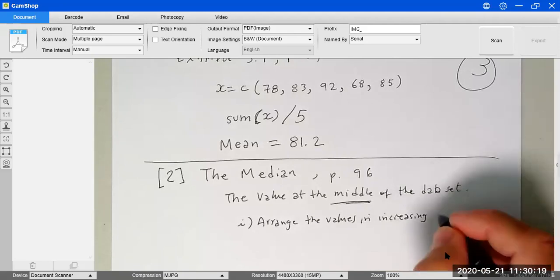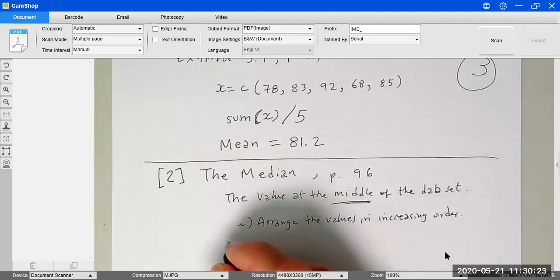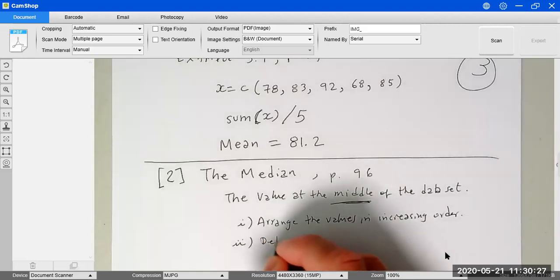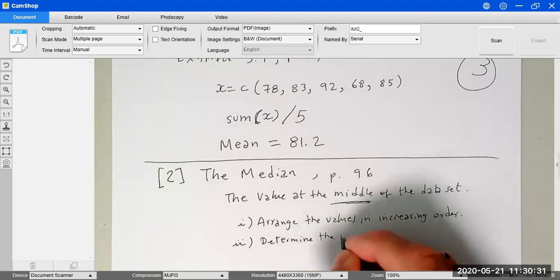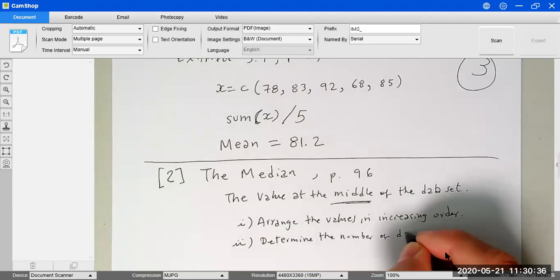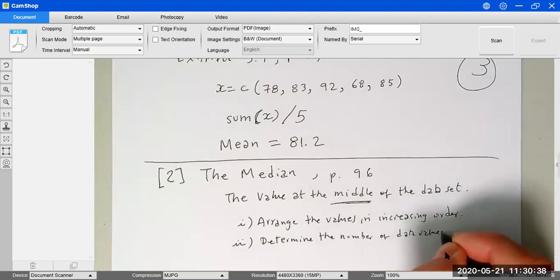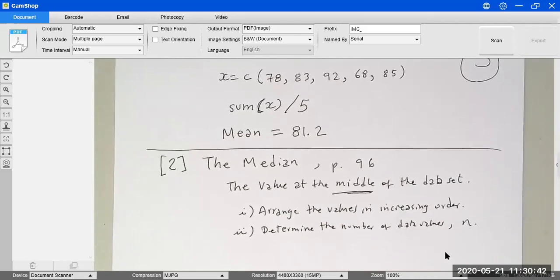Your book says in increasing order. Then you're going to determine the number of data values. Let's say this lowercase n. Usually this is for samples, not for populations.